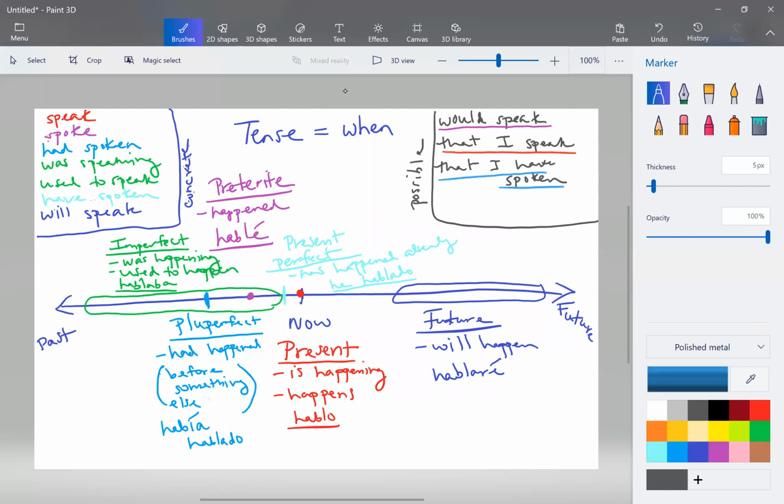Okay, so would speak. Does anyone remember what tense that is? Would speak? Future. Not really, because would indicates that it may or may not. Like, if I could, I would. If I am able to, I would.